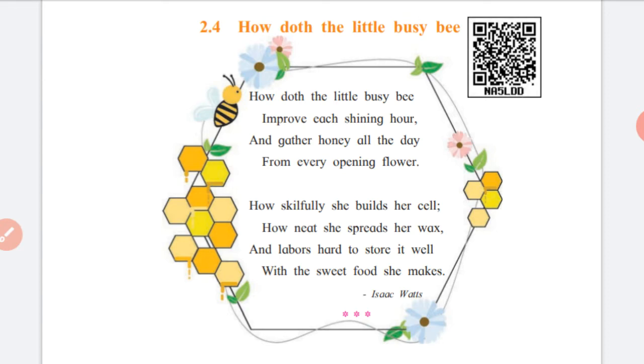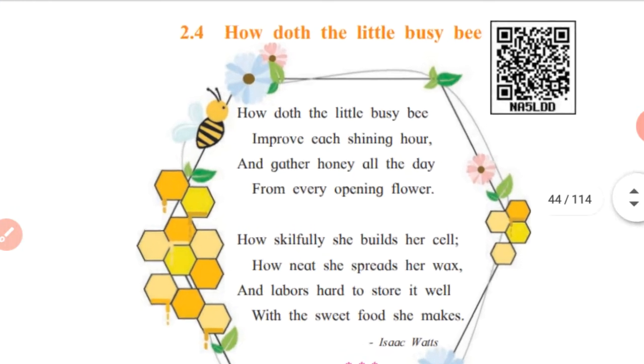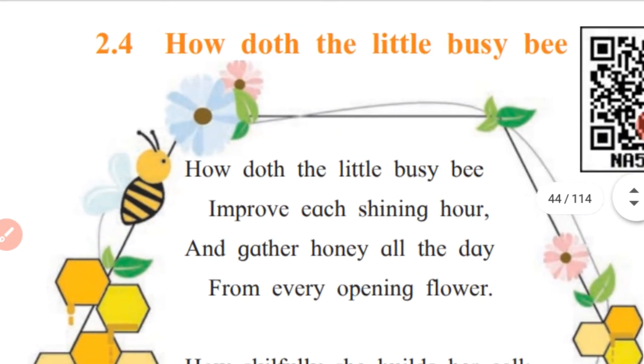So here the poet is wondered about the work of a bee who is called a busy bee, because the honeybee spends her whole day in working only. So let us learn each stanza one by one.